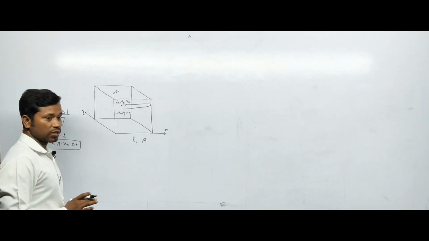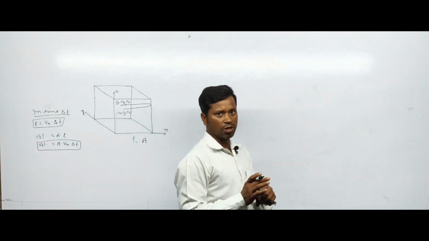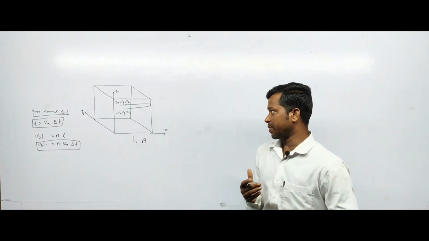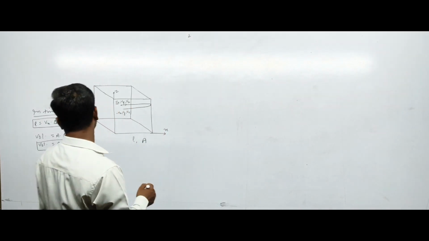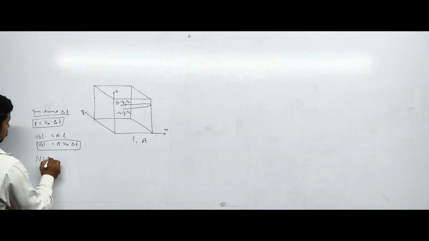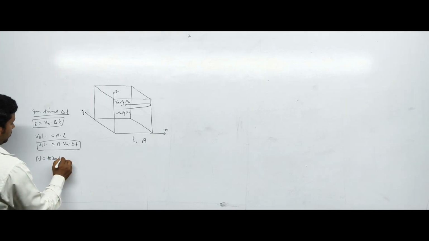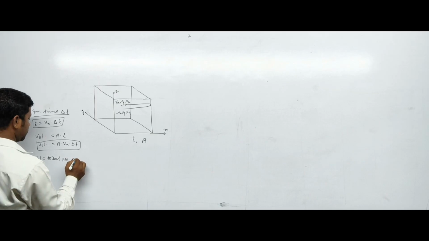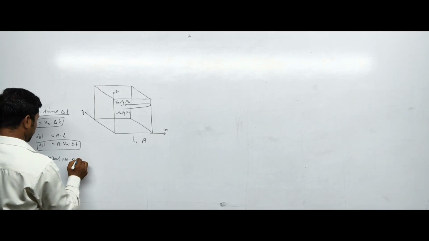This cube encloses some gas, and the total number of molecules of that gas is capital N. Here N is the total number of gas molecules.